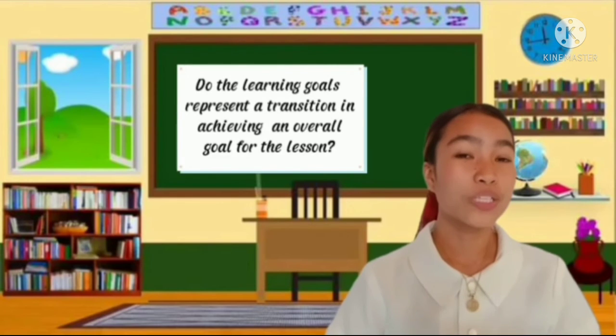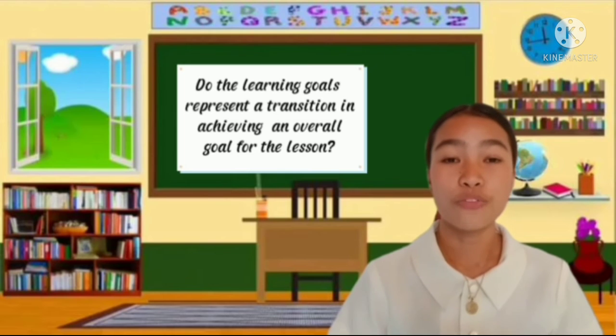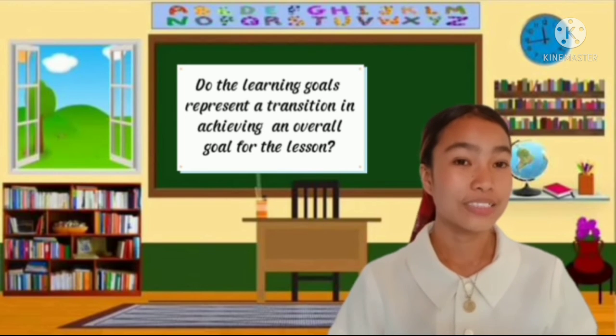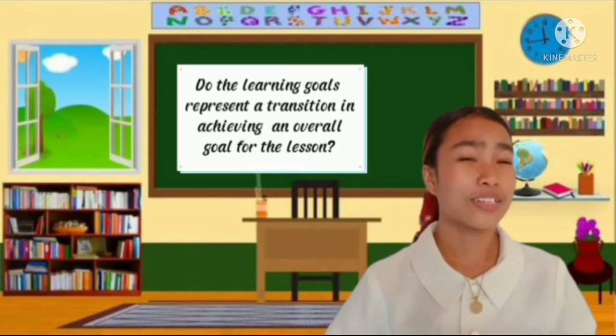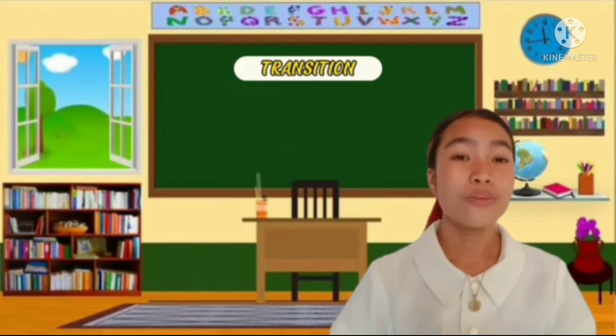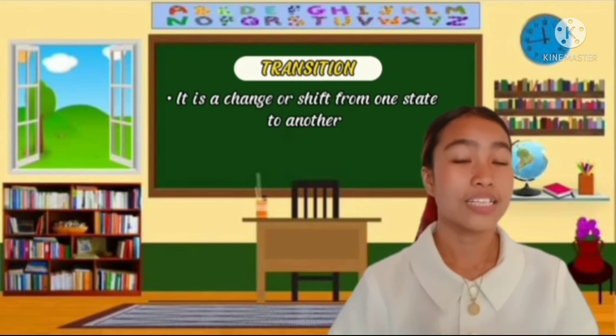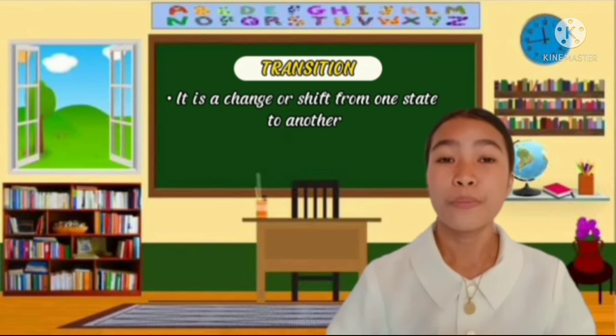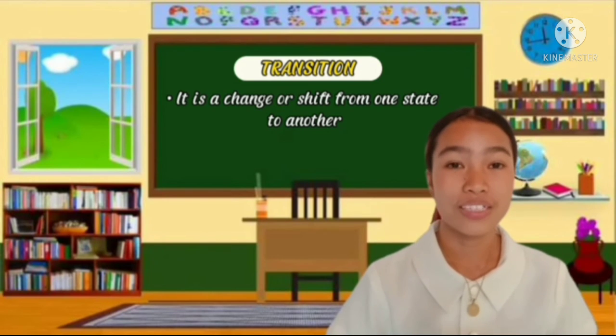Do the learning goals represent a transition in achieving an overall goal for the lesson? We need to represent a transition. When we say transition, it is a change or shift from one state to another.